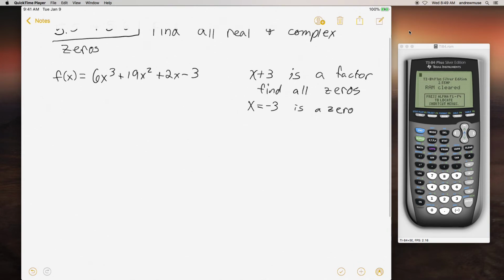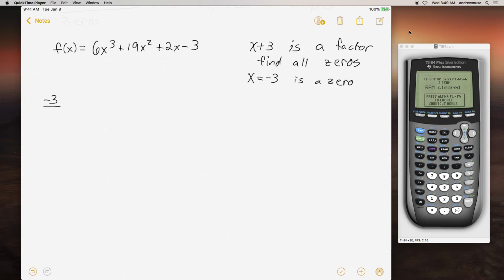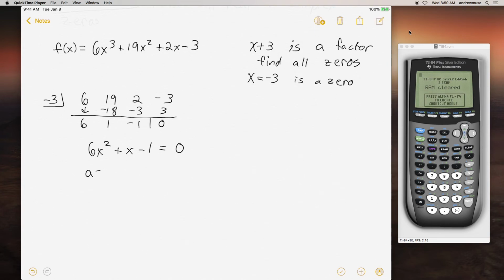Then, if I know a 0, I can simplify the polynomial by doing synthetic division with it. So if we do that, we get 6x squared plus x minus 1. If I set that equal to 0 and solve it, that will find the other two remaining zeros of this polynomial. Okay, so we can use the quadratic formula if we want.